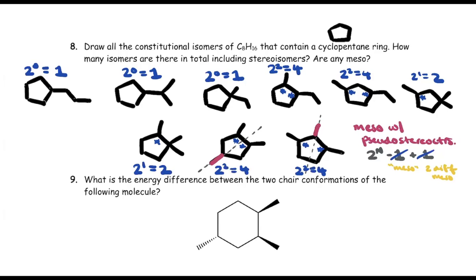Now I go and then add up the number of stereoisomers I have. I'm going to end up with 1, 2, 3, 7, 11, 13, 15, 19, 23. So it looks like I have 23 stereoisomers.